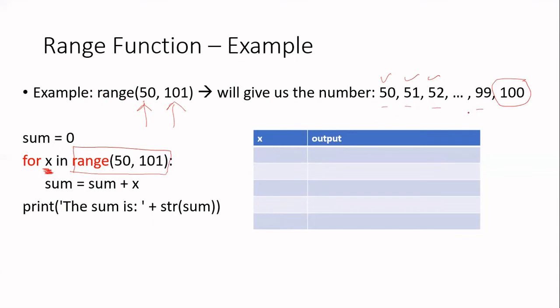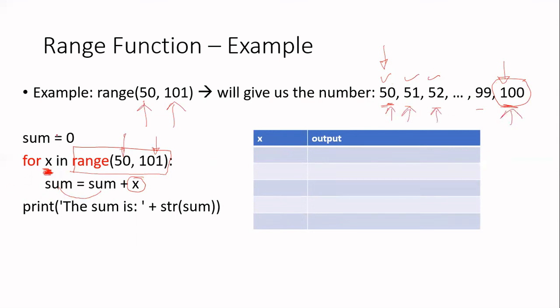So if a question had to ask you to find the sum of all the numbers from 50 up to 100, what is the sum of the numbers from 50 up to 100? We simply run a for loop starting at 50, stopping it at 100, and we then accumulate the value of x, because x is taking on all of these values from 50 all the way up to 100.